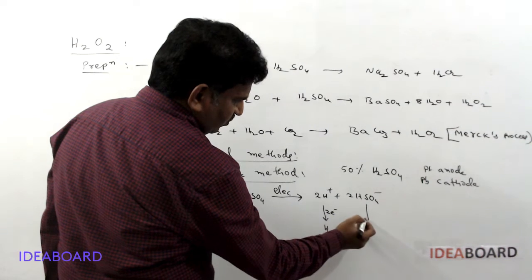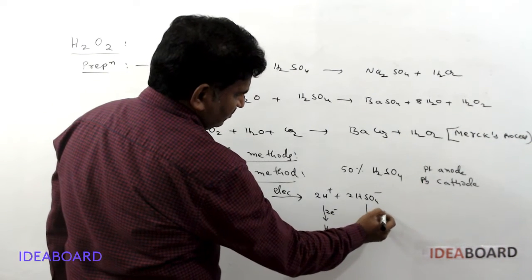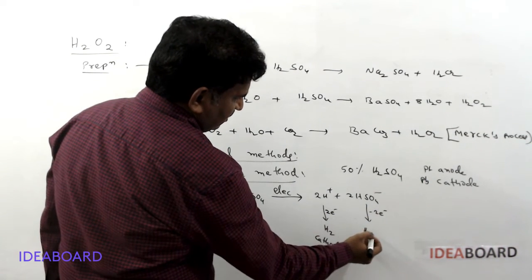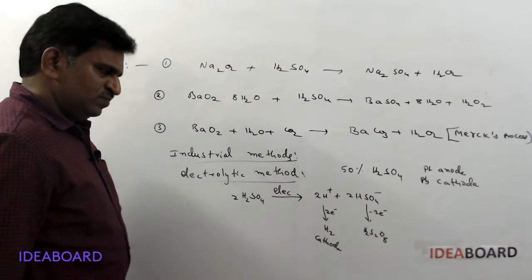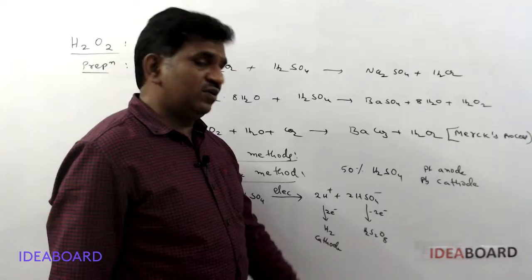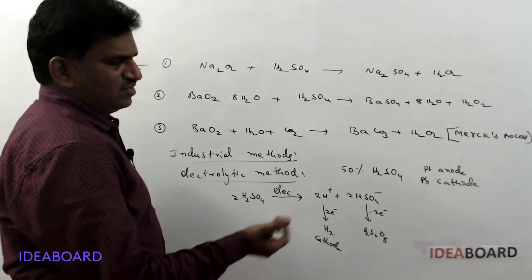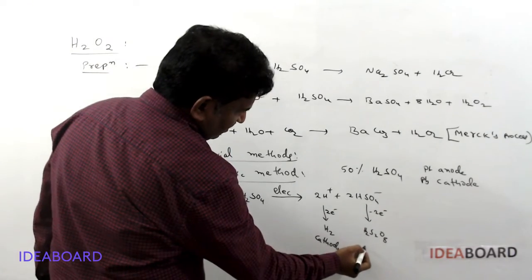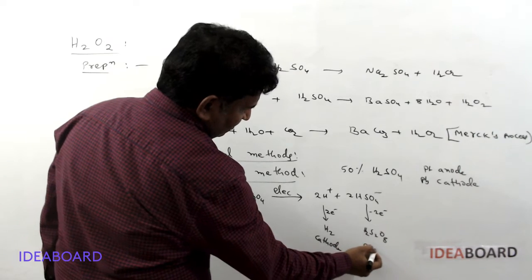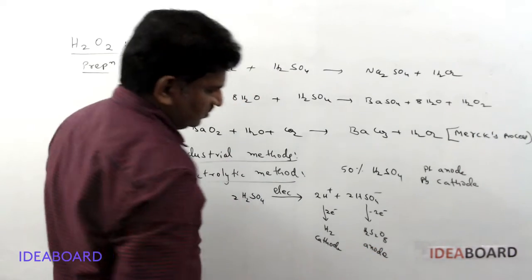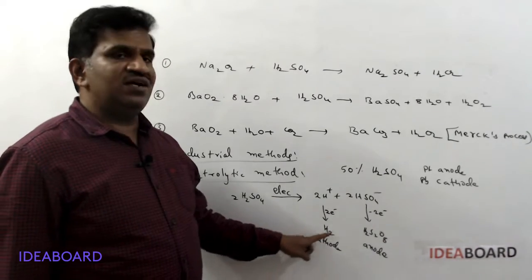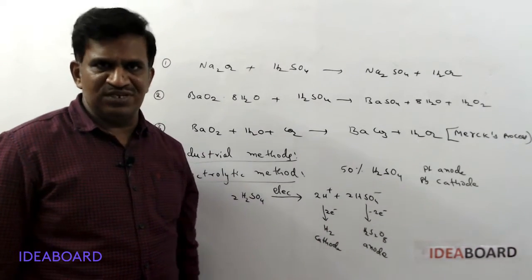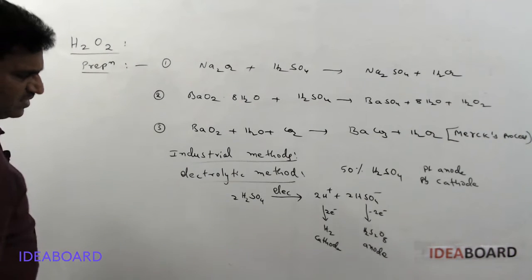And HSO4− ions, by releasing two electrons, are converted to H2S2O8. This H2S2O8 is also called perdisulfuric acid. Perdisulfuric acid is released at the anode. So the electrolysis products are hydrogen and perdisulfuric acid only, but not hydrogen peroxide.